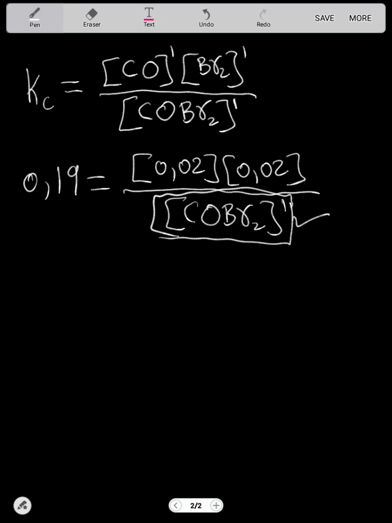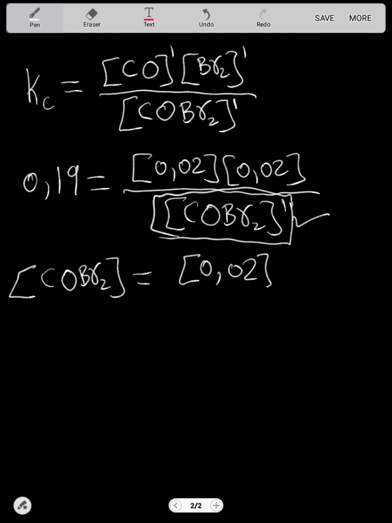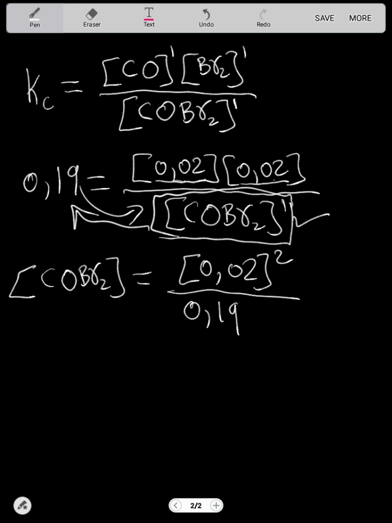So I will say the concentration of COBr2, see I'm using the square brackets to indicate concentration, is equal to 0.02 squared, because I'm multiplying the same base, 0.02 times 0.02, all over 0.19. Because I'm trying to make this the subject of the formula, this one will go that side and that will come here.